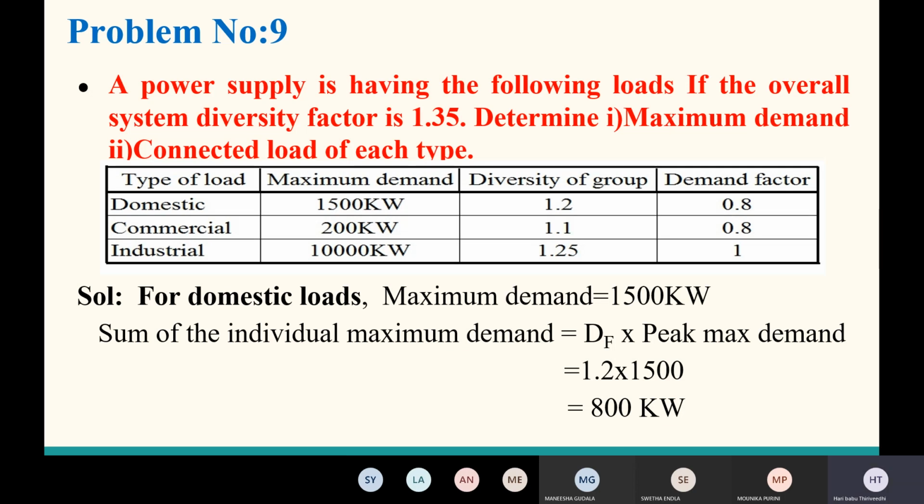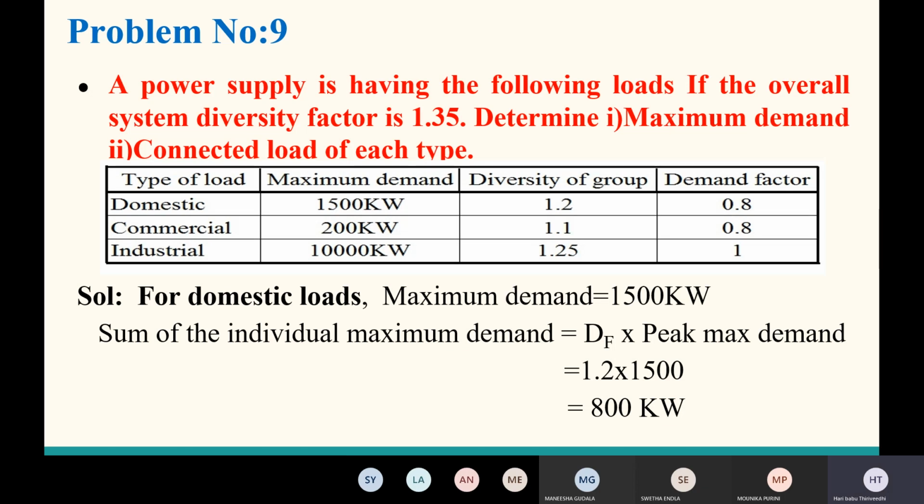First of all, you have to sum all the individual demands: domestic 1500 kilowatt, commercial 2000 kilowatt, industrial 10,000 kilowatt.